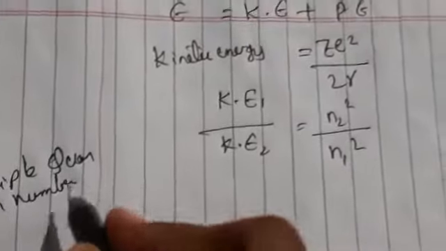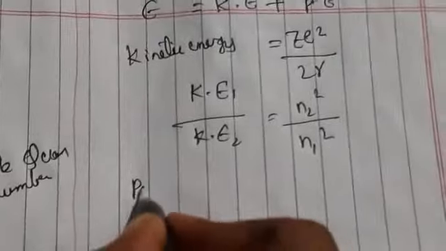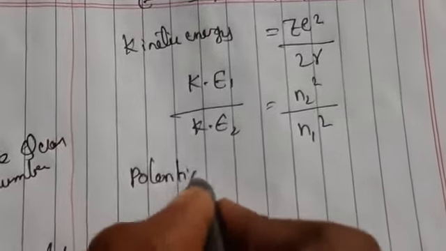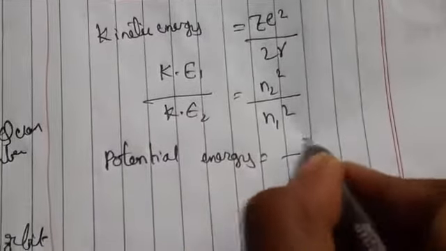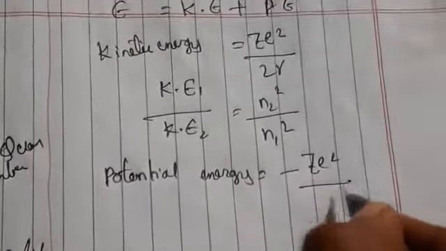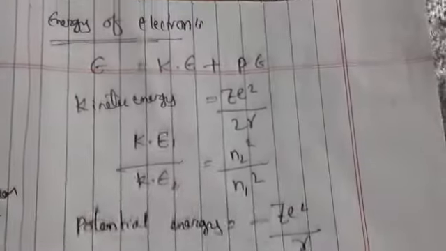Now coming to the potential energy of the electron. Potential energy of the electron will be minus Ze square by r. Total energy E will be the sum of kinetic energy plus potential energy.